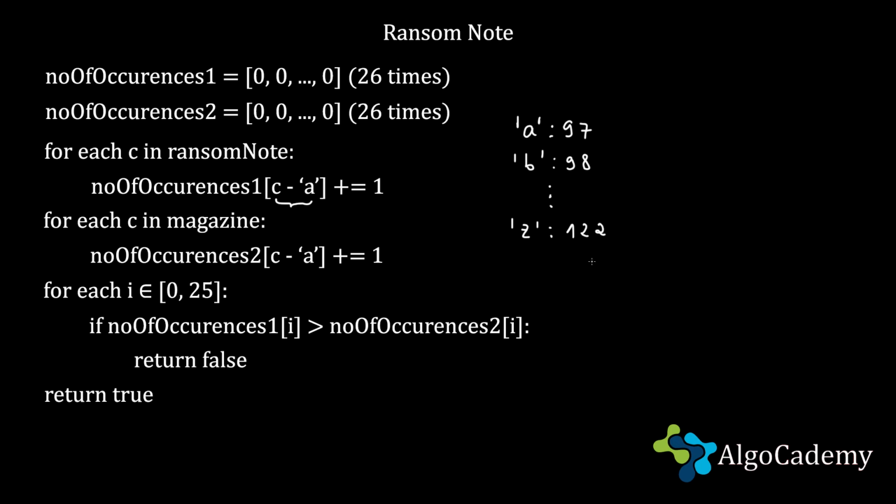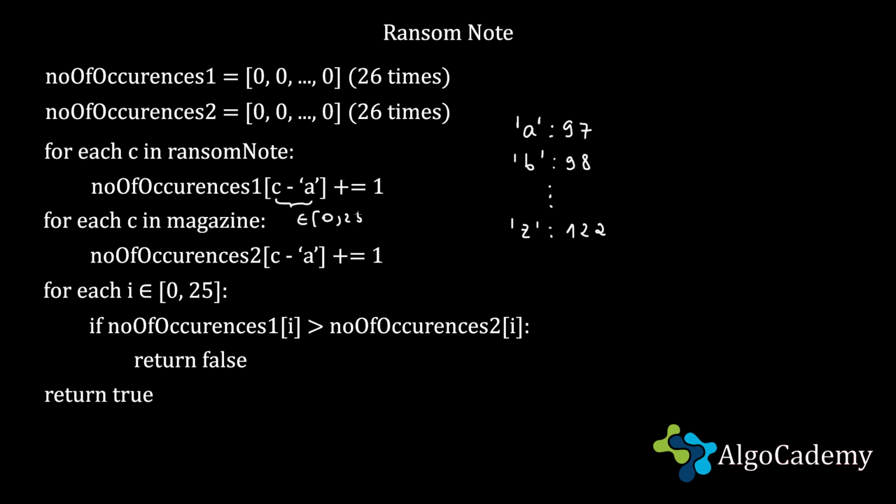The ASCII code of the character C, which we know for sure that it is a letter, will be an integer between 97 and 122. When we subtract the ASCII code of the letter A, which is 97, from that number, we are going to get a number between 0 and 25, right?